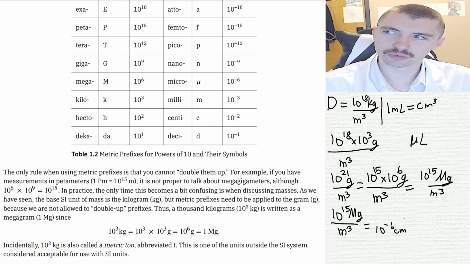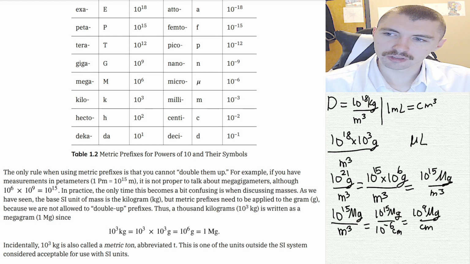So 2 times 2 is 4. No, when you multiply, so 10 to the negative 2 to the power of 3 is negative 6. Okay, which is 10 to the 9 milligrams per centimeter.